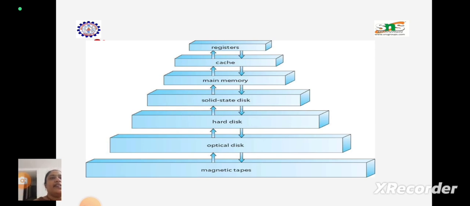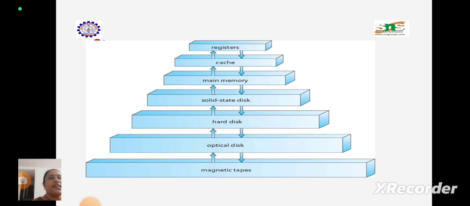So we can say that the registers are the smallest, but the access time is the fastest. And as we go down the hierarchy, the cost per bit increases, then the access time also increases and the size also increases.